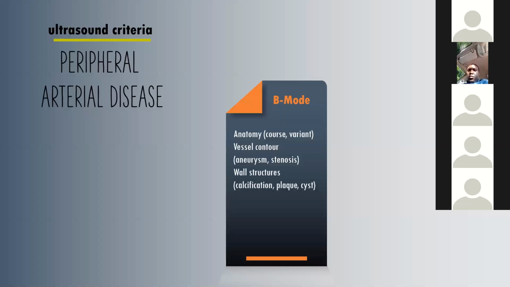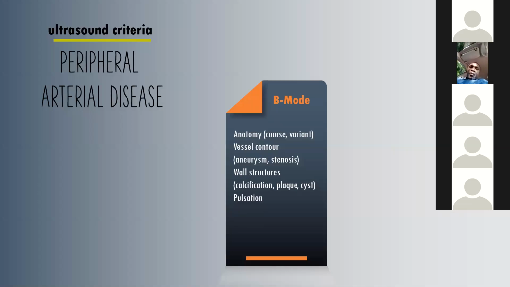Then wall structures. Most of the time, peripheral vascular disease patients have plaque, calcified plaque in the arterial wall. Grayscale is the right way to identify any plaque or calcification present in the arterial wall.